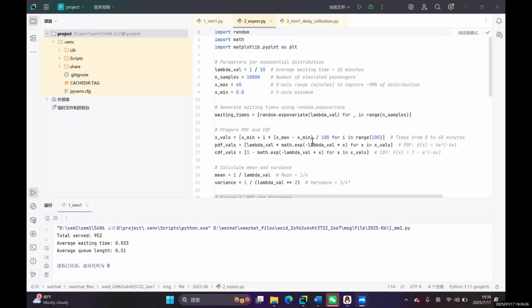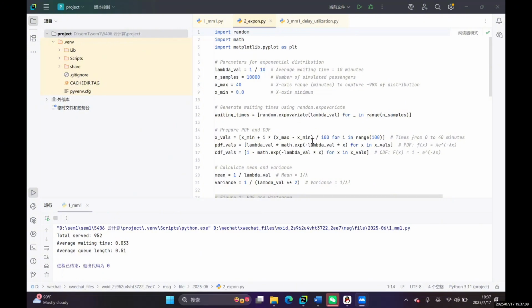Second part of the project is the exponential distribution for waiting time. This part focuses on the exponential distribution, which simulates bus passenger waiting times. The purpose of this code is to understand how waiting times are random but statistically predictable when arrivals follow a Poisson process.